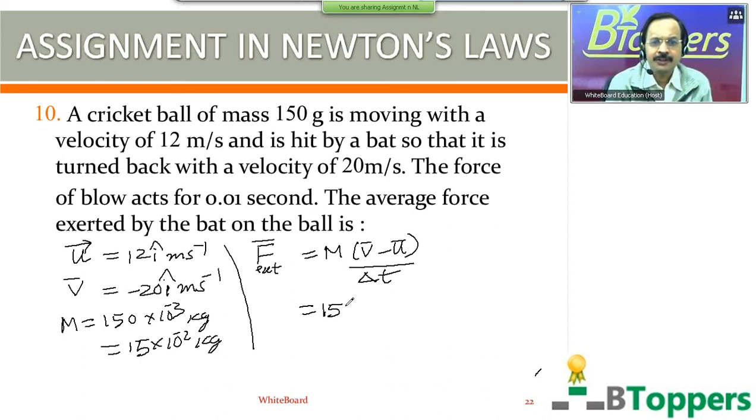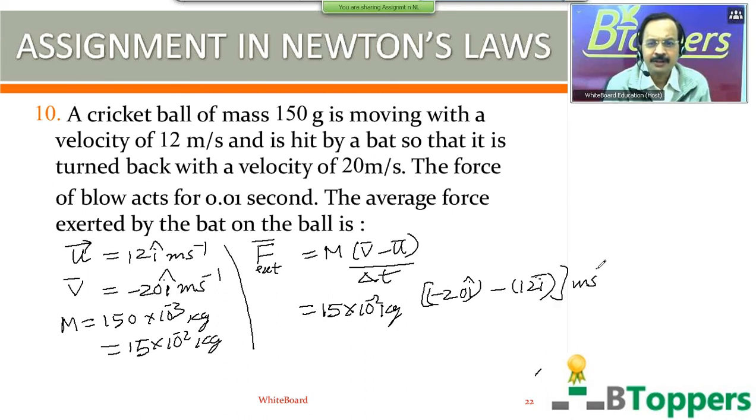So mass is 15 into 10 power minus 2 kg, v bar is minus 20 i cap, u bar is 12 i cap meter per second, and delta t is 0.01 seconds.